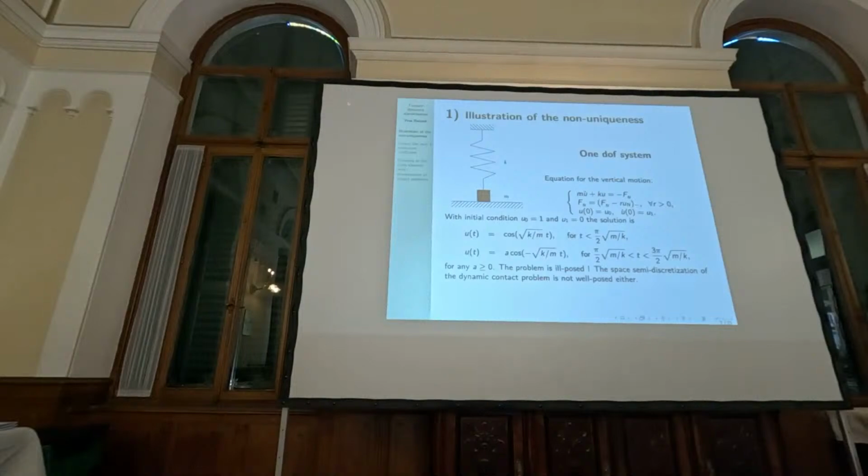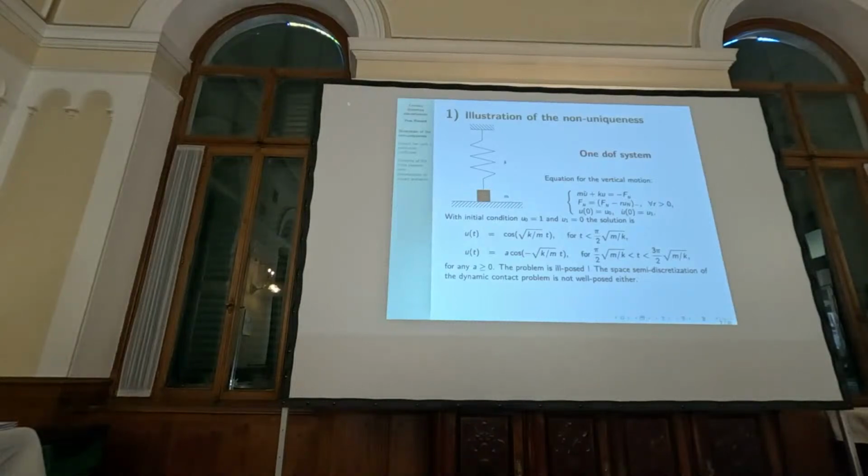It's not difficult to see the solutions of this problem, and what is unknown, of course a very well-known thing, is the velocity after impact. When the mass impacts, the equations here do not prescribe any velocity after impact, so any velocity after impact makes a solution of this problem. This is well known in rigid body mechanics.